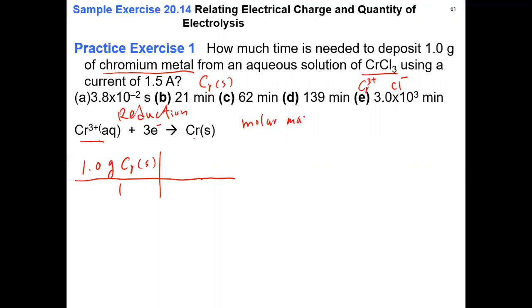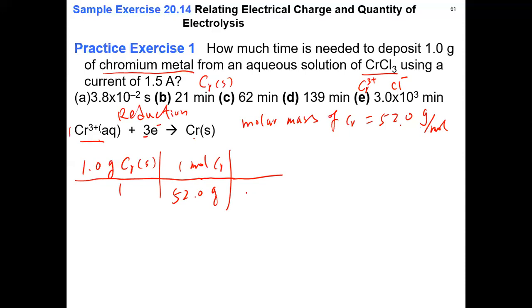The molar mass of Cr equals 52.0 grams per mole. Therefore we use 52.0 grams here and 1 mole of Cr here. And then you can just use ratios. We have 3 here and 1 here, so you can use 1 mole Cr and 3 moles of electrons.